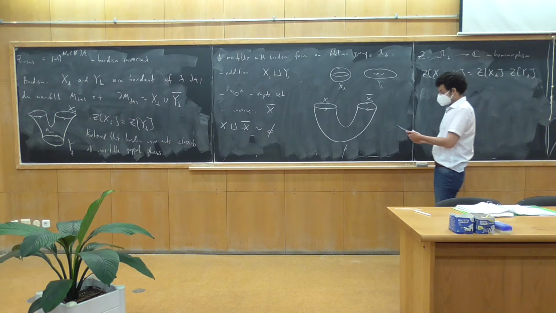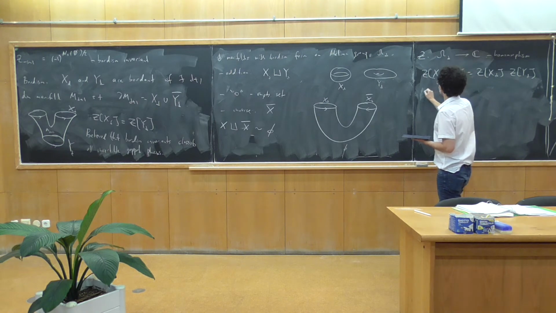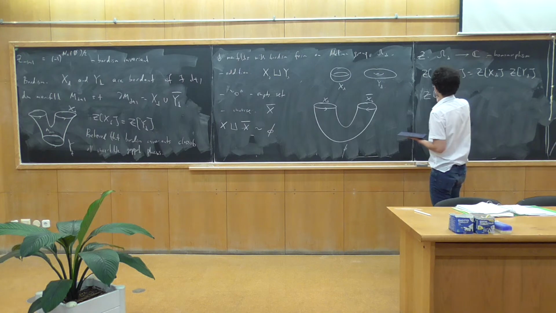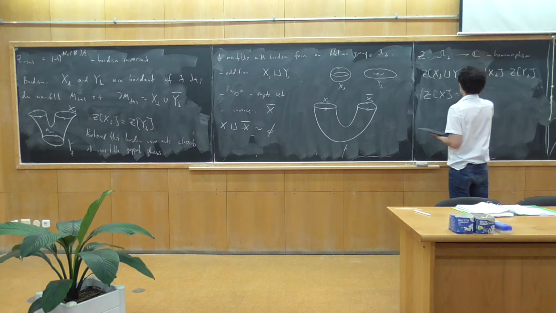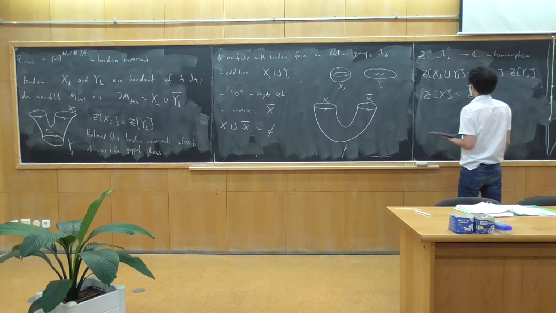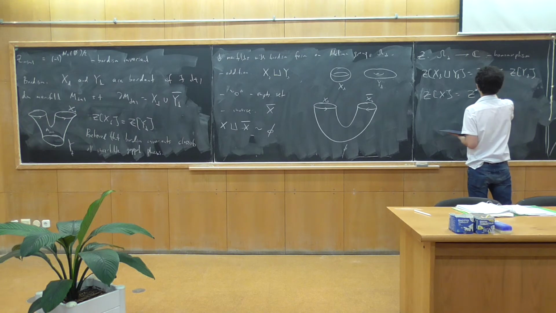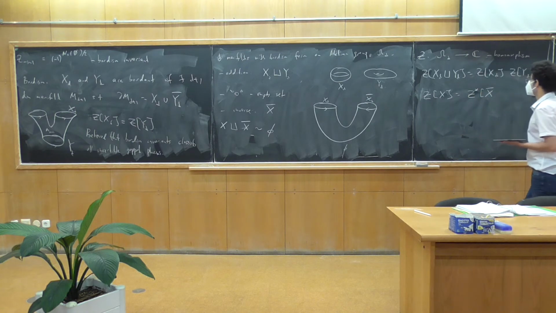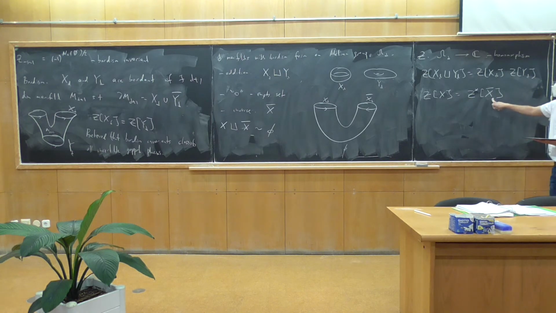Now, okay. Unitarity says that the partition function on the manifold should be the complex conjugate of the partition function on the manifold with its orientation reversed.